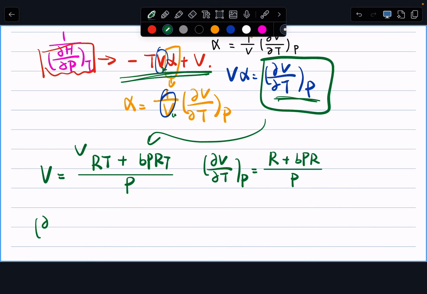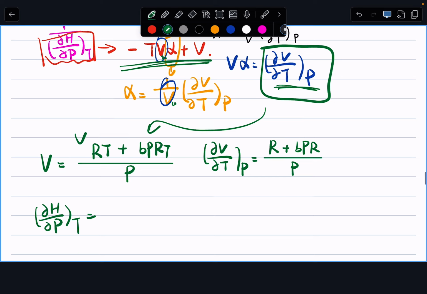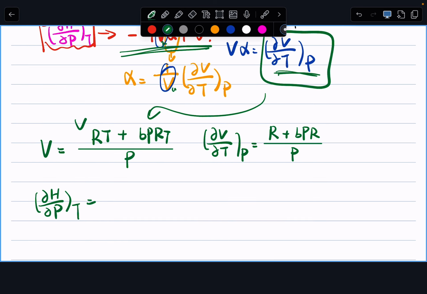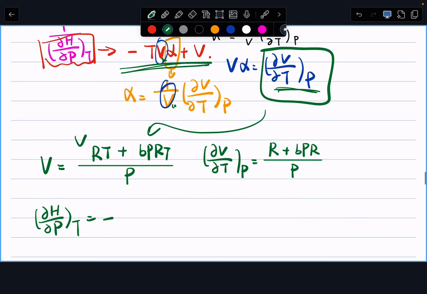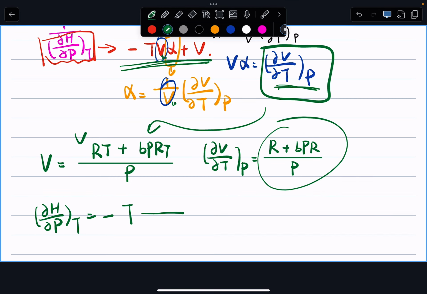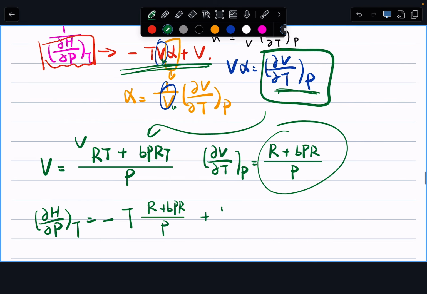So let's rewrite this one. (dH/dP) at constant T equals this one, which is negative T times V alpha, which is R plus BPR over P, and then plus V. So that's coming from here.